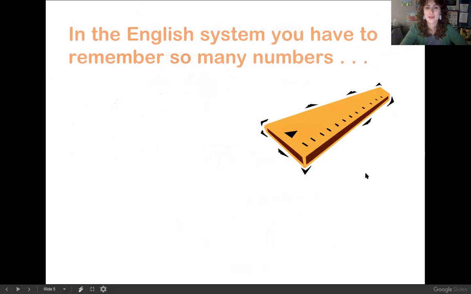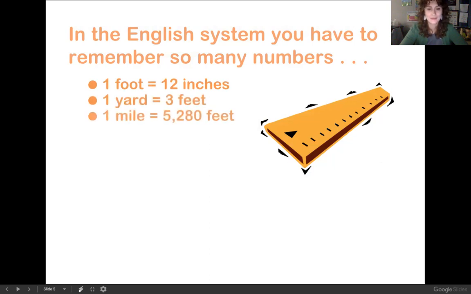Okay, so in America, we use this system called the English system, and it's pretty confusing, especially if you're not used to it. So we use feet, which have 12 inches in them, but then sometimes we use yards, which have 3 feet in them.